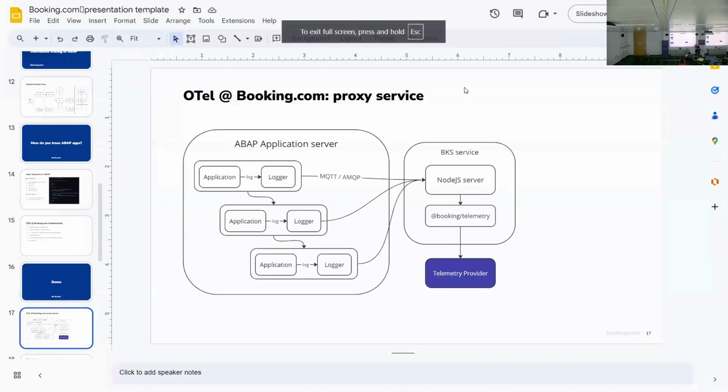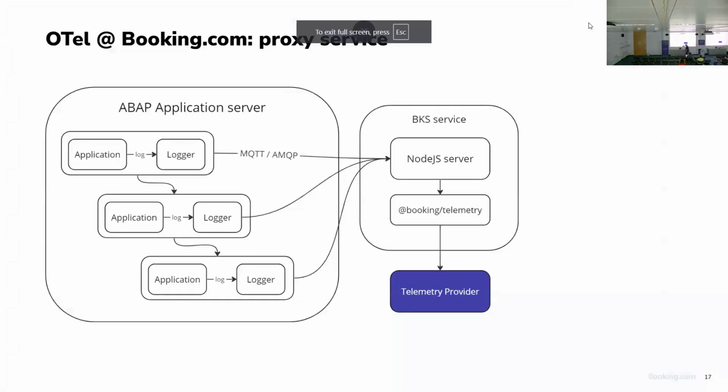So there is no know-how. We only used the standard ABAP classes. In our application, every single application is a different process in ABAP. It creates an instance of a so-called logger tracer in our case.